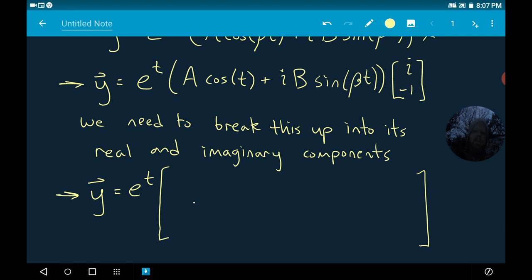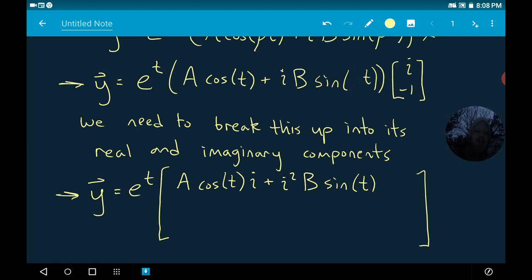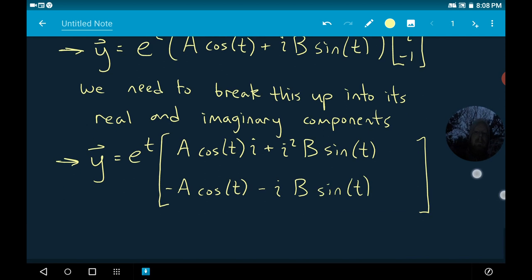So the top entry here is going to say a cosine of t times i plus i squared b sine of t. Sorry, this should be just b sine of t, since beta is equal to 1. Okay, that's my top part, and my bottom part is going to be negative a cosine of t times just negative 1, right? So minus i times b sine of t. Great.